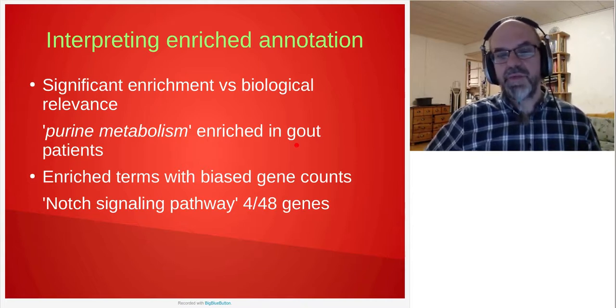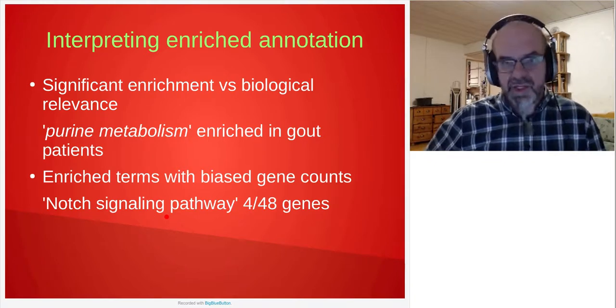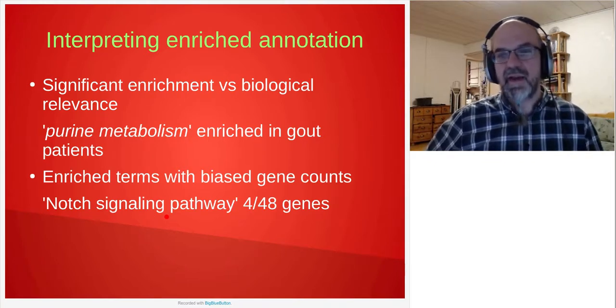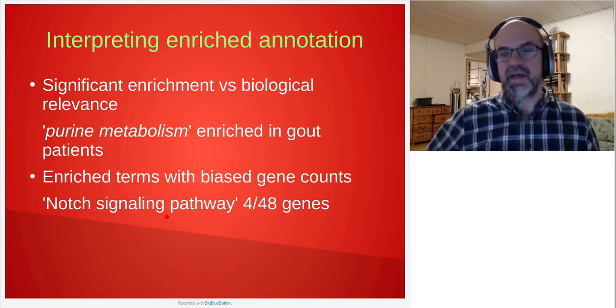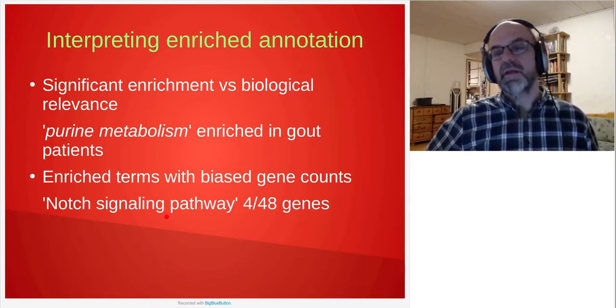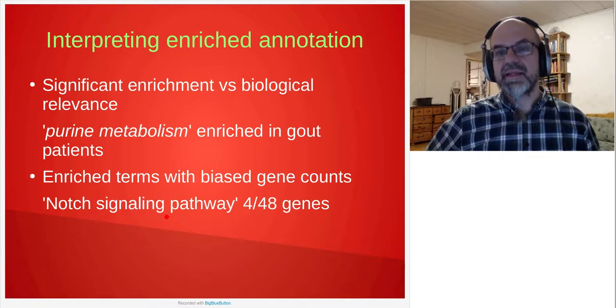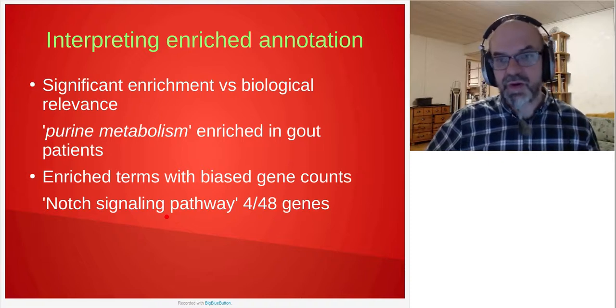The same way, it is possible to have results like in the second example, where you get the notch signaling pathway enriched among your genes. There are 48 such genes in the human genome. So if you analyze only a small target gene set, it can happen that you will find 4 of those 48 genes on your list.